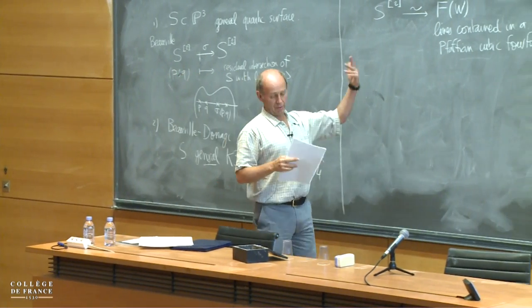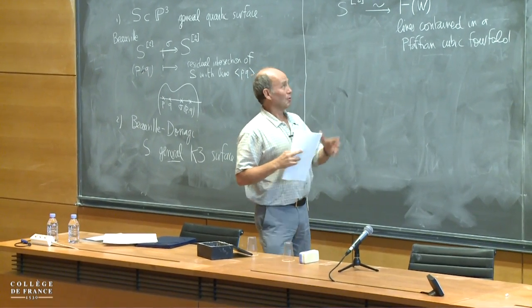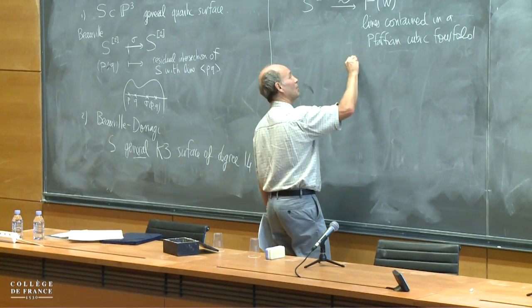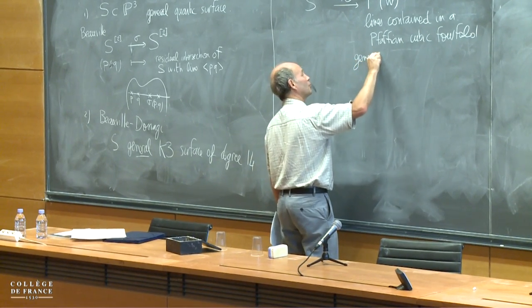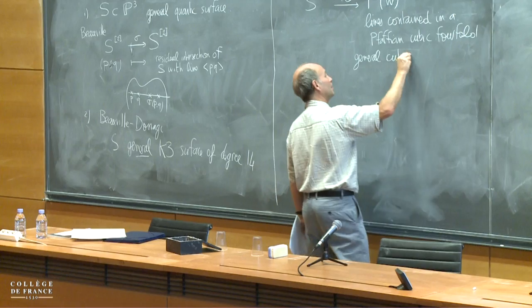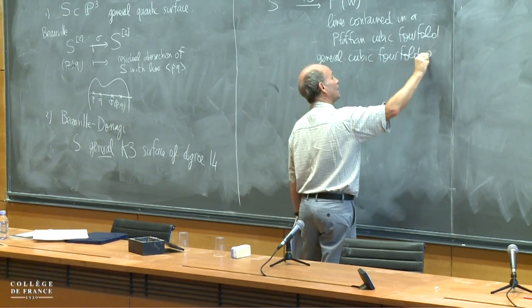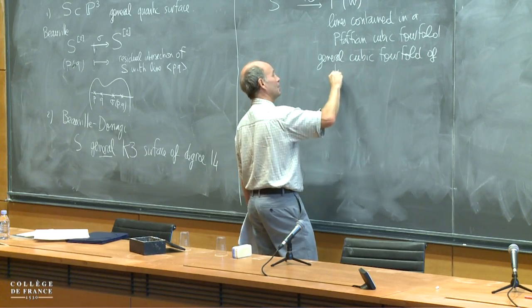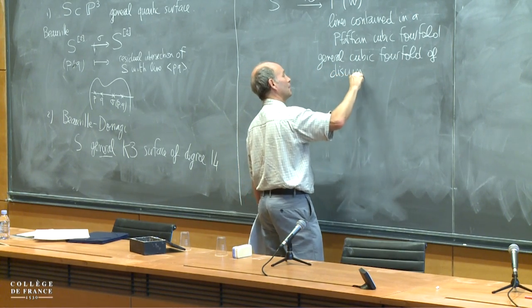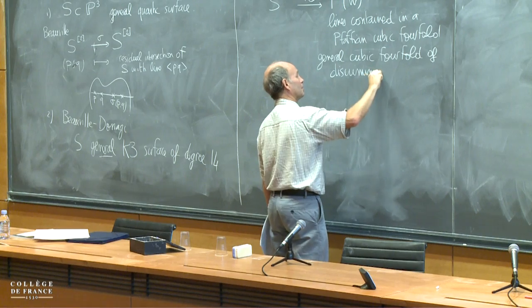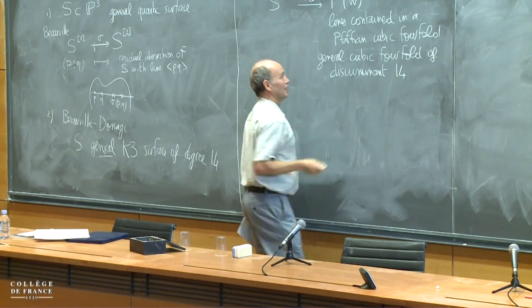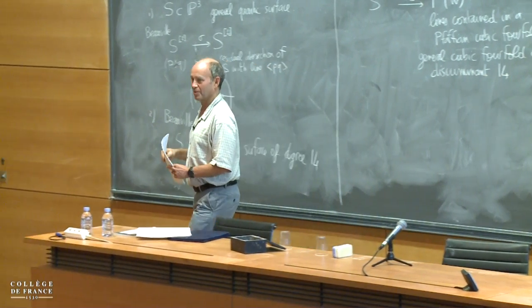In this case, W will be a general cubic fourfold of discriminant 14. So this is special in the sense of Hassett.